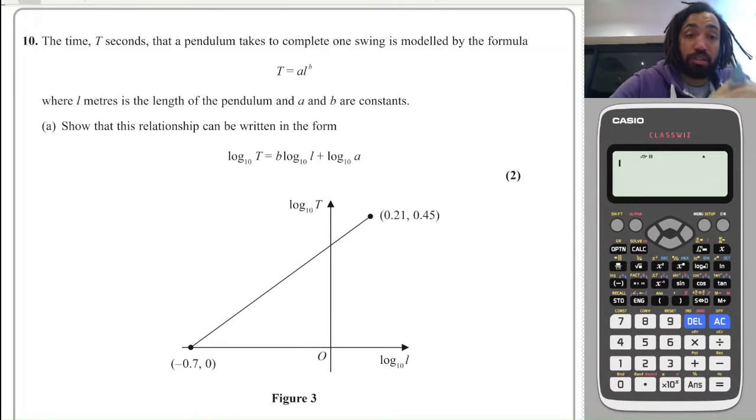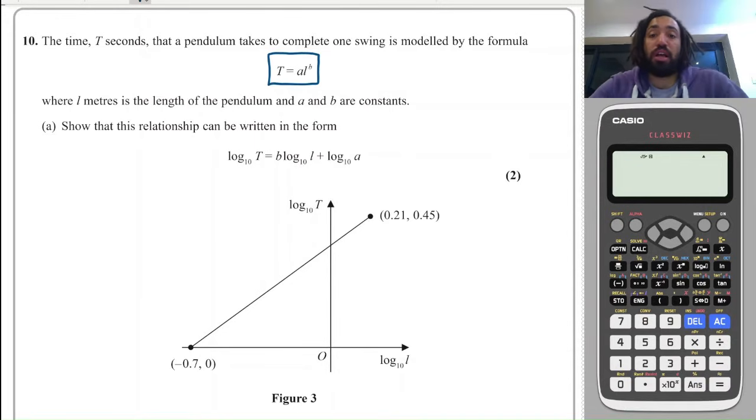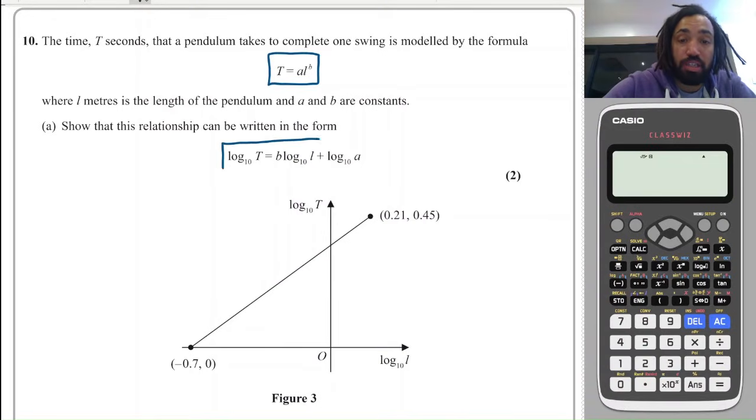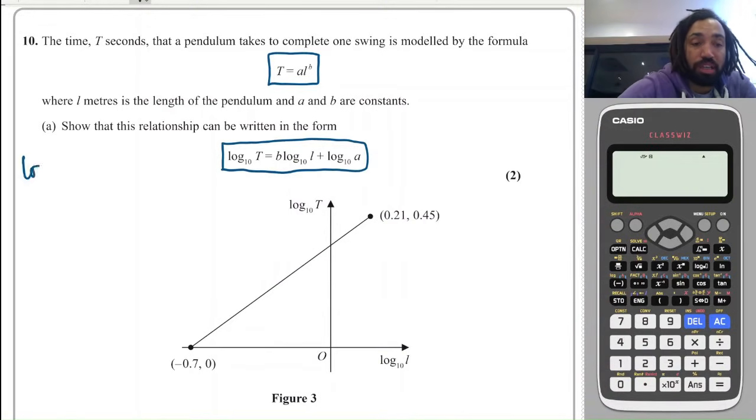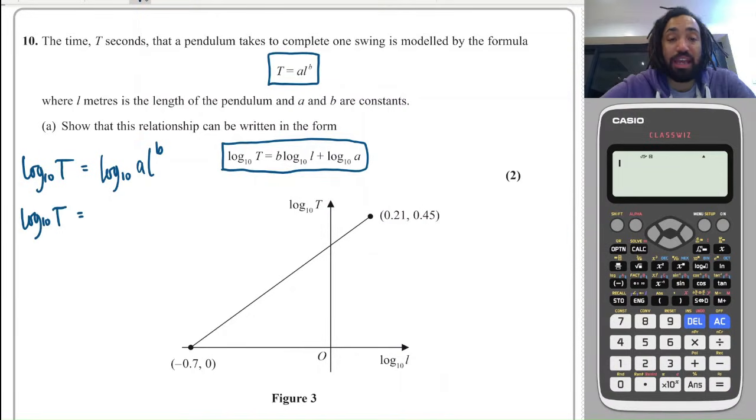Log graph question. If we look here at this model, we then need to express it written in this form. So what we can do is take log base 10 of both sides, like so. We can then use our log rules to split up the fact that a is multiplied by L to the b.